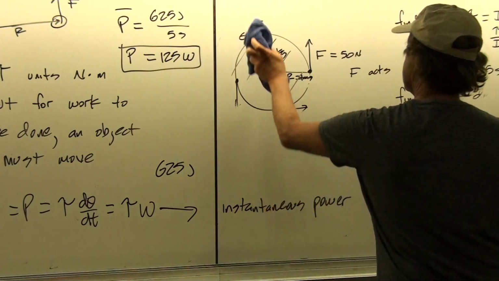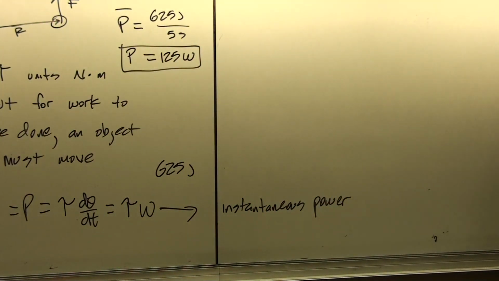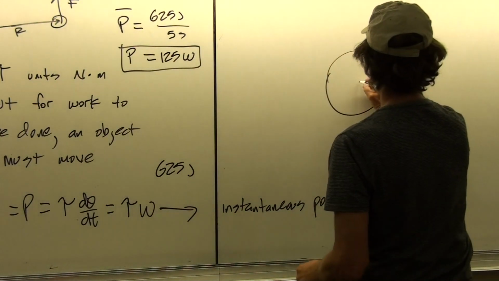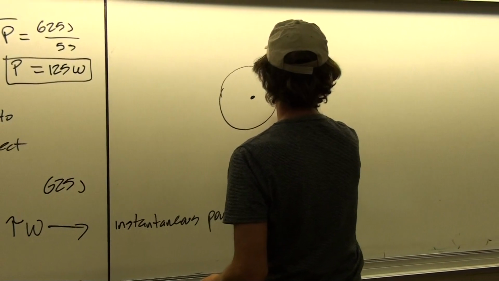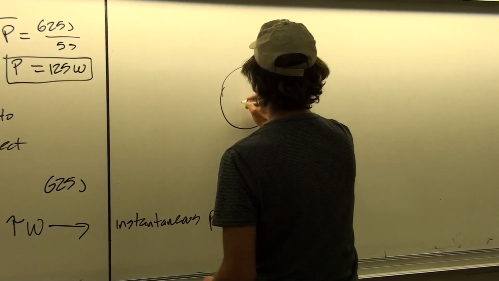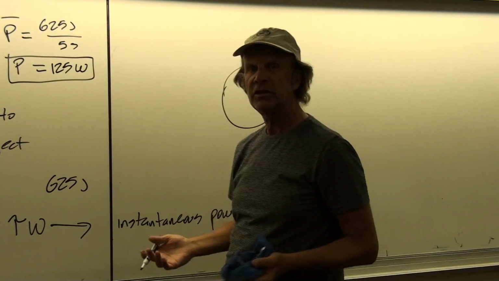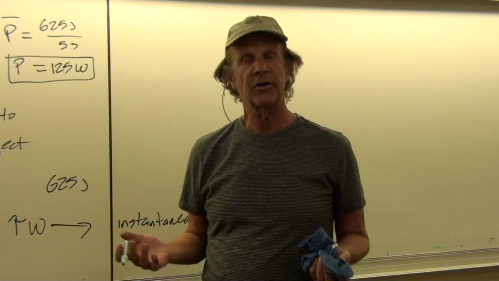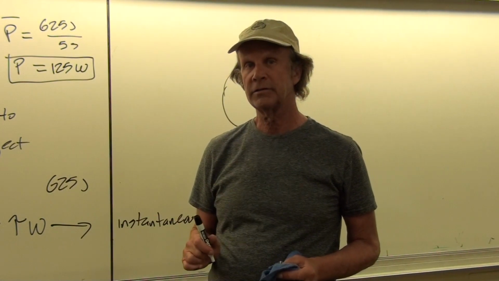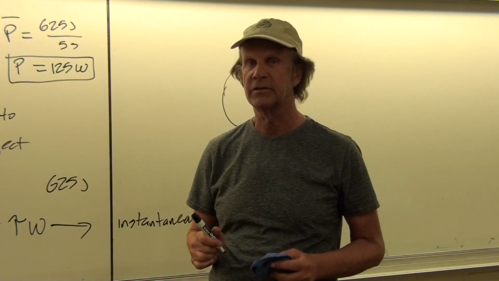So let's look at a slightly different example here, in which we have an object that's rotating, but there are dissipative forces acting. In other words, there's a force being applied, but that force is just enough to keep the wheel turning. You could imagine this to be like driving in your car, and your speedometer stays constant, say at 60 miles an hour.